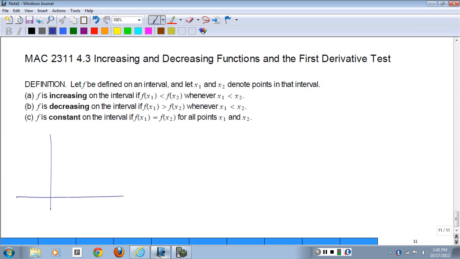F is increasing on an interval if the graph is rising as we go from left to right on the interval.